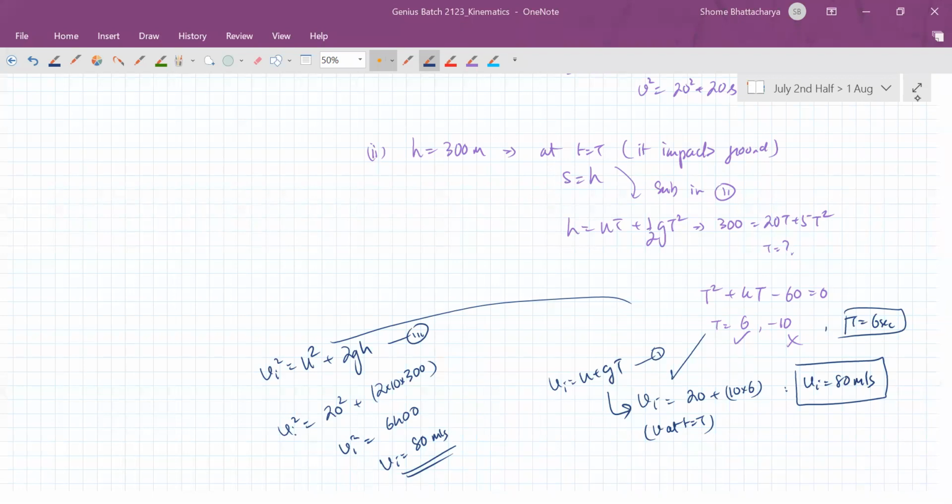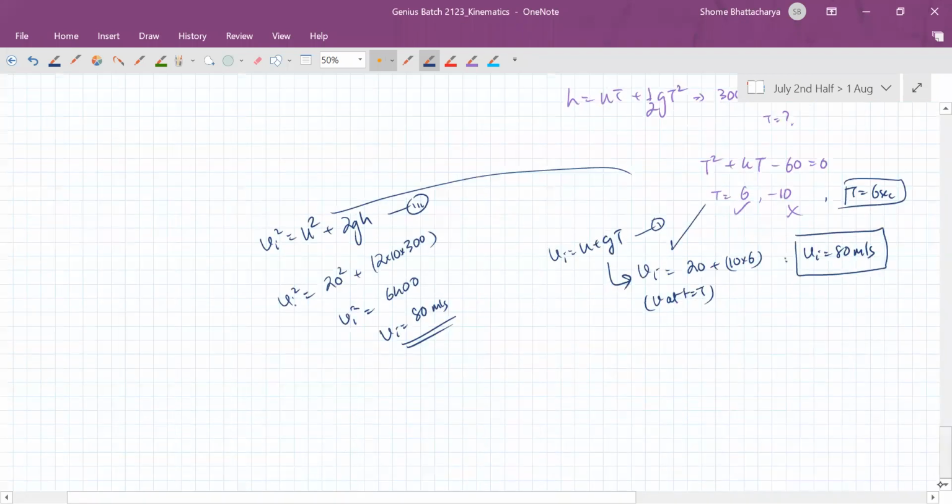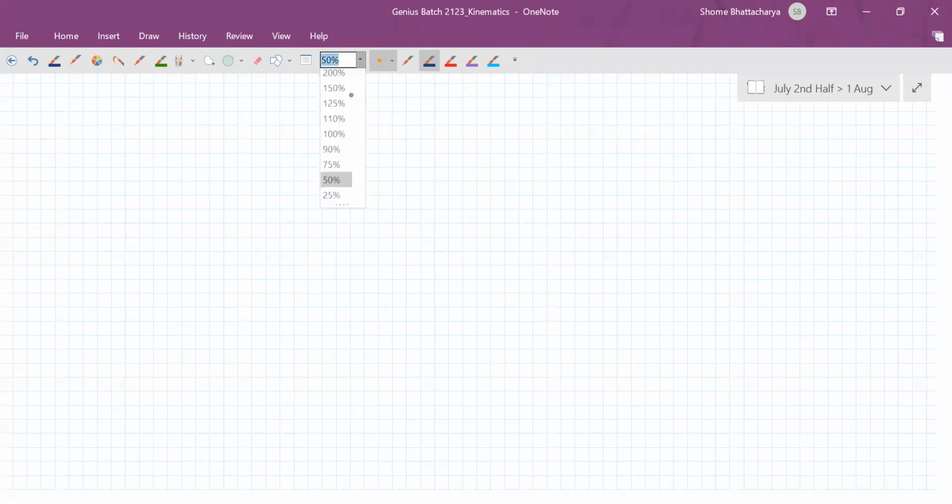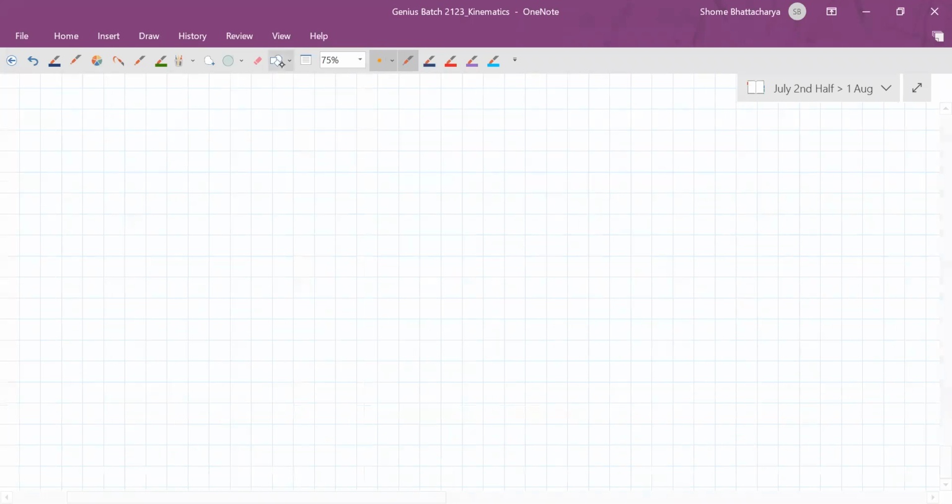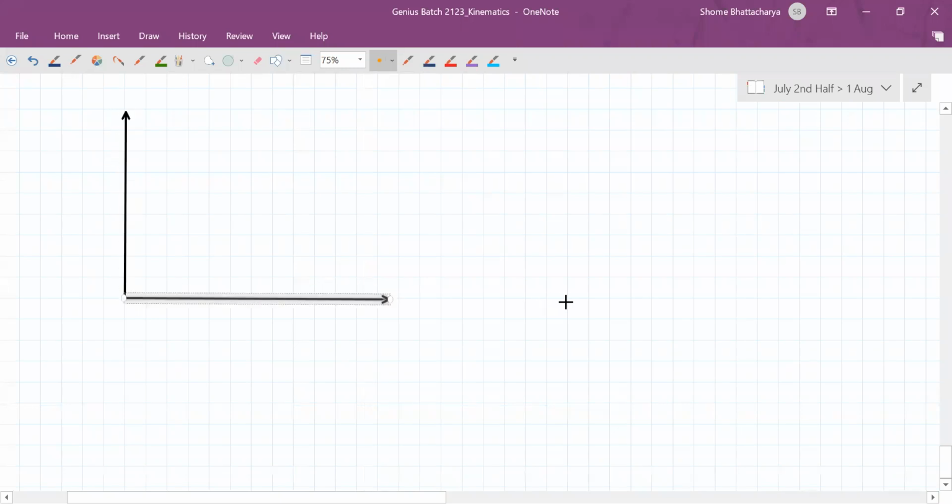Okay. Now let's talk about the graph. It's a very simple thing. We just have to convert those equations into graphical knowledge. So v is a linear function of time, so it's a straight line graph, and s is a quadratic function with the increasing slope. So it's like that kind of parabola we had discussed that day, where u is positive and a is positive.